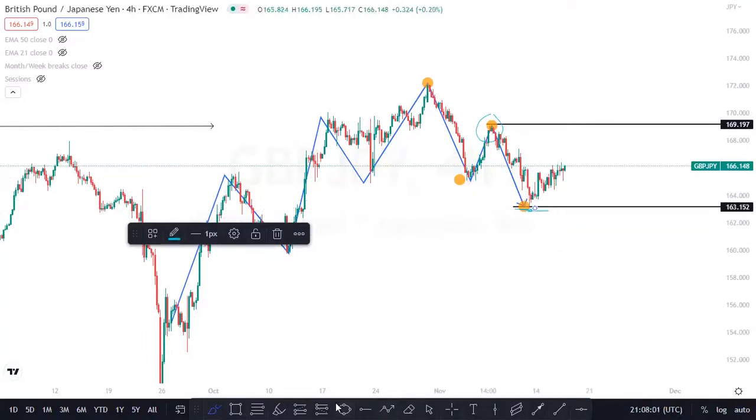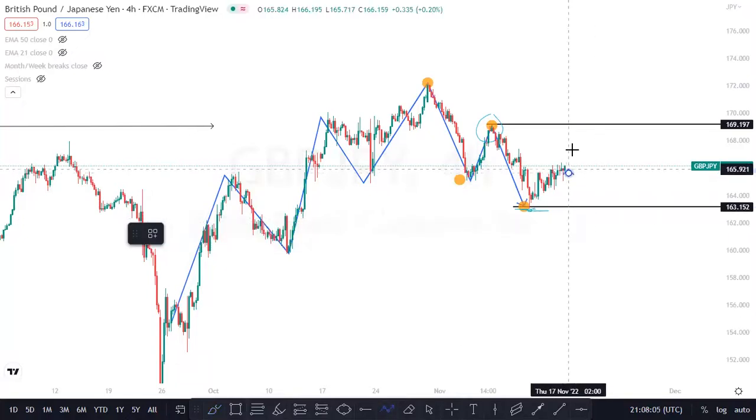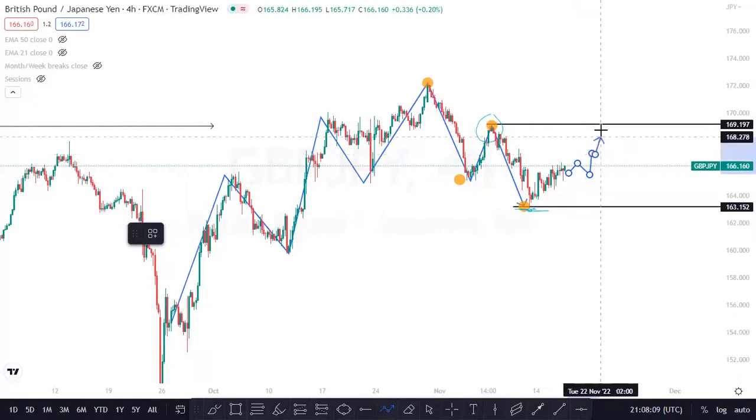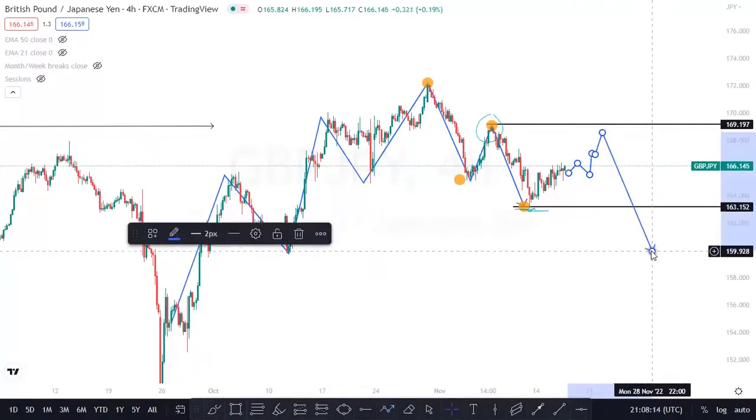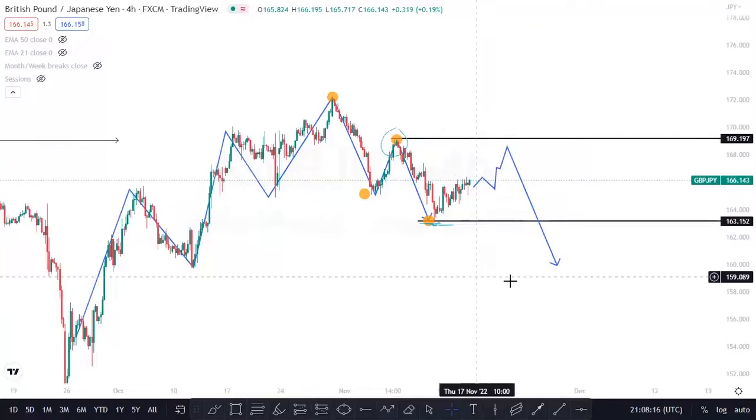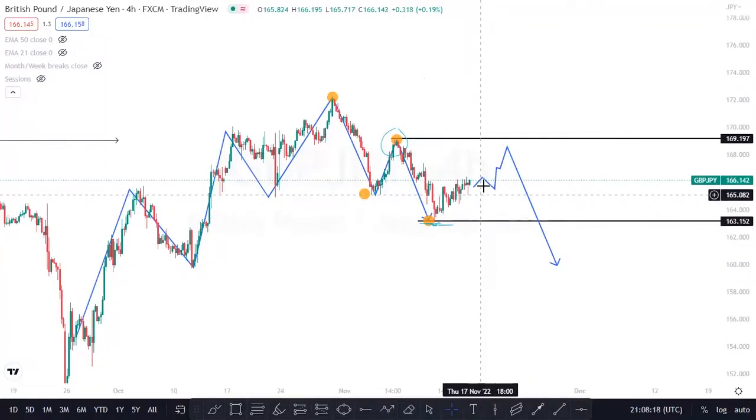So we are expecting the movement to maybe continue like this, like that, and then come somewhere here and then break through this one, right? So this is what I'm expecting at the moment.